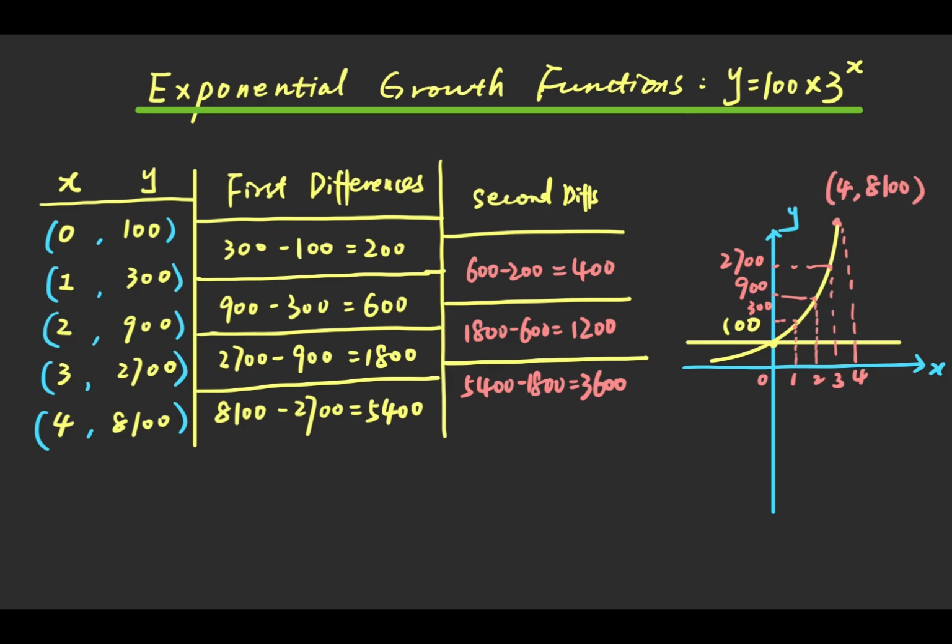Okay. So for the exponential growth function, you will find out the properties. The ratio of finite differences is a constant. The graph increases at an increasing rate. The independent variable increases by a constant amount. The y increases by a common factor, which is 3. Here, it is just the base.